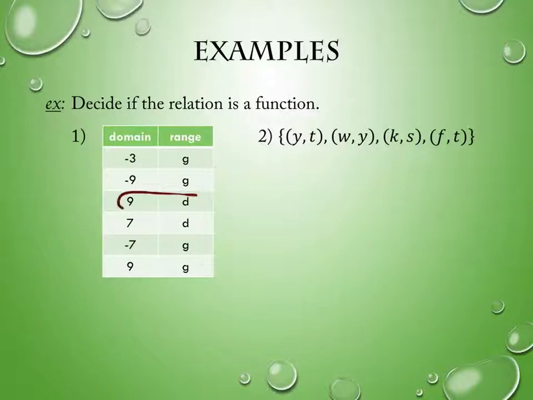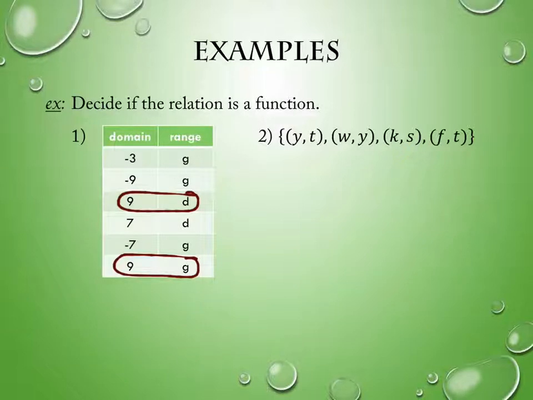Right here are two inputs that happen to match. They're on separate lines of my table, but the inputs are the same, right? The inputs are both 9s. And the output, or the range value, for one of them is D and for one of them is G. If they both said D, even if they were repeated like this, they were both the same output or range value, it'd be fine.